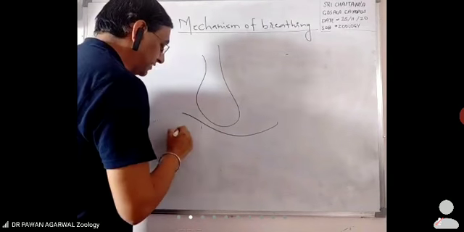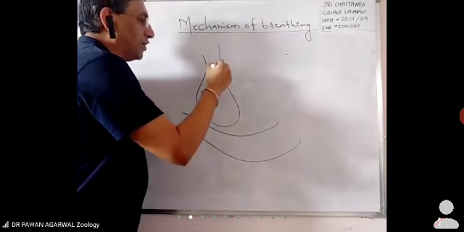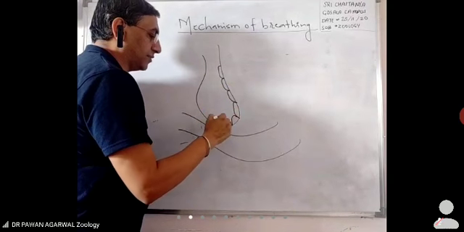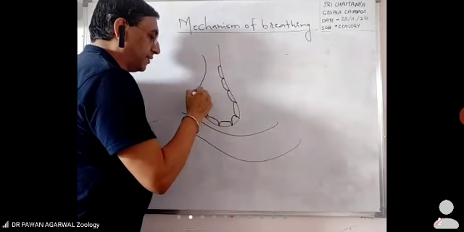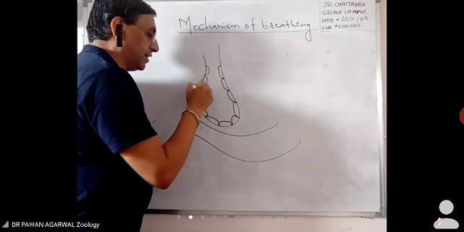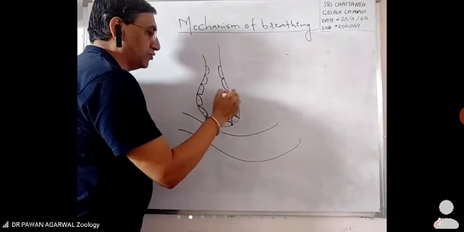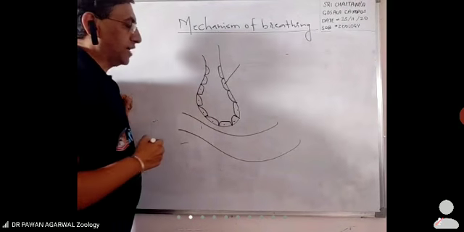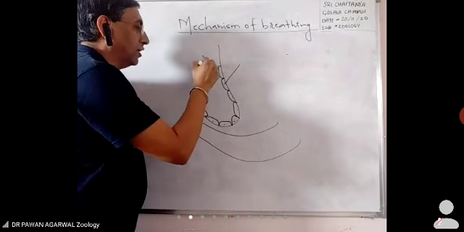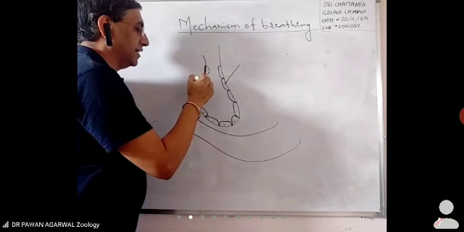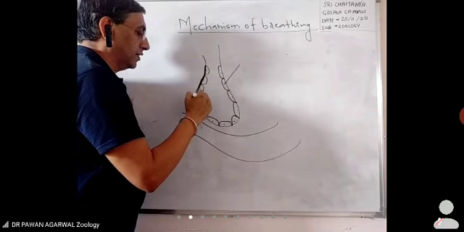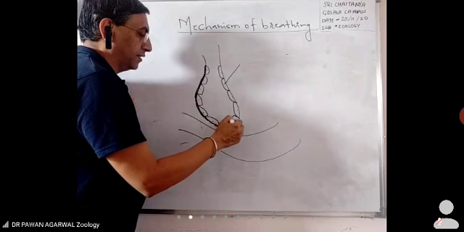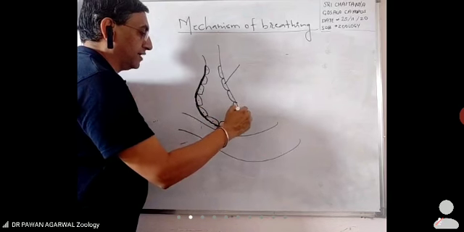First of all, the alveoli is lined by a layer of squamous epithelial cells. They are the type 1 alveolar cells. So we say epithelial cells of the alveoli. Now, epithelial cells are always present on a membrane, which is known as the basement membrane.